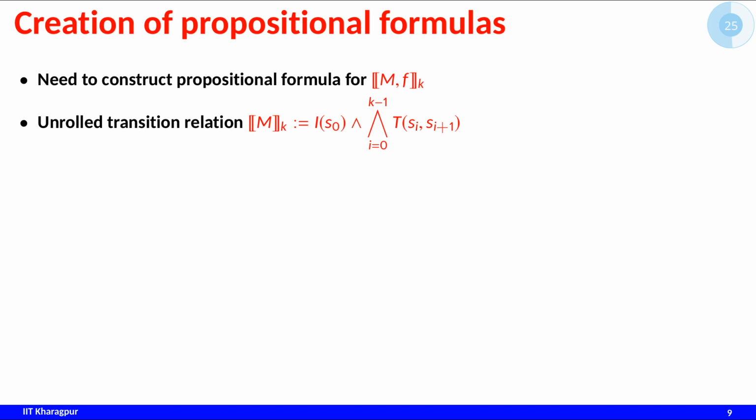The unrolled transition system we can specify in this way. So I start with h0 and I apply this transition rule k number of times. So this will give me the state transition relation, Si and Si plus 1, and I have to do a logical AND of k number of time steps because we are unfolding for k number of times.